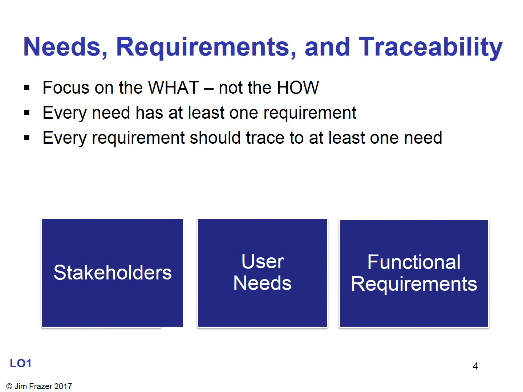When developing your smart city system, the focus needs to be on exactly what the system needs to do and not on how the system will do it. Within the SEP process, a traceability matrix is used to document and verify these critical relationships.